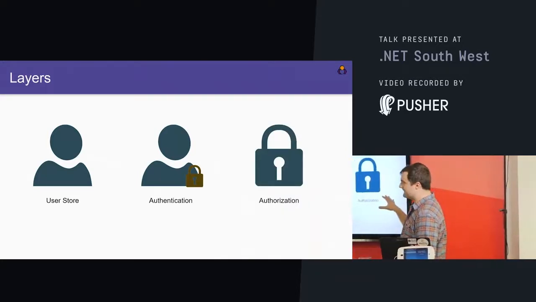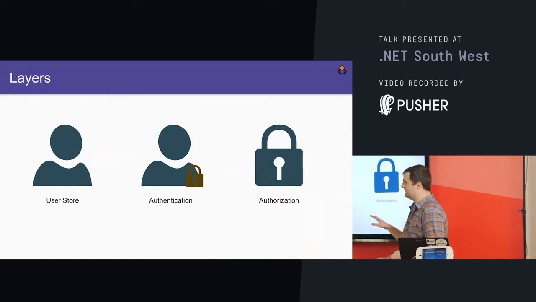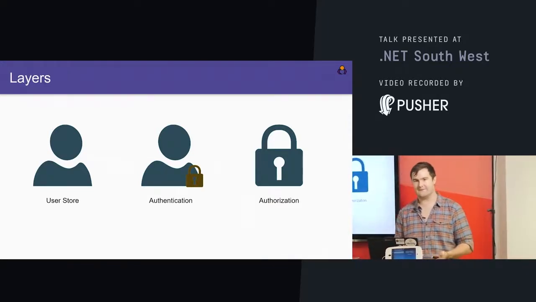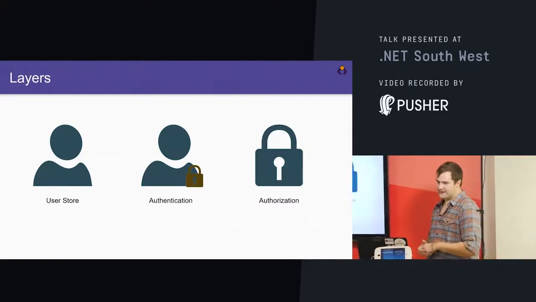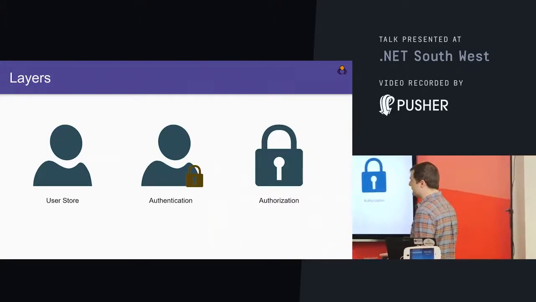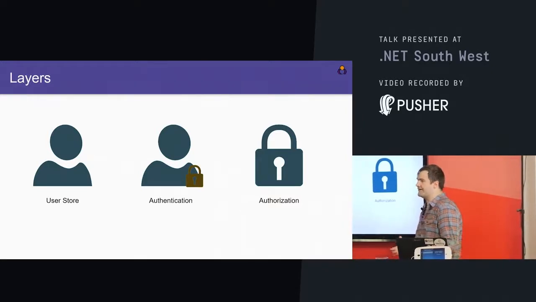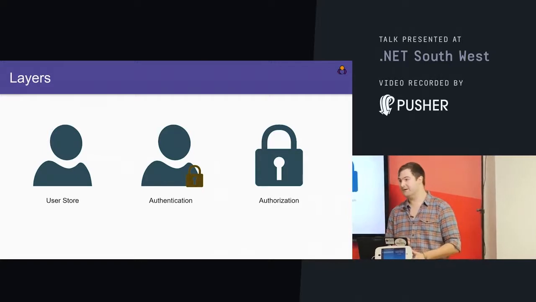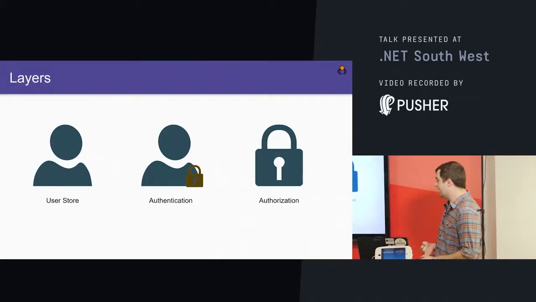I just want to clarify the three layers of this process we're going to be talking about today, just to make sure we're all on the same level of vocabulary. The first layer is the user store, where all our identity data is stored. It has things like credentials and email addresses.